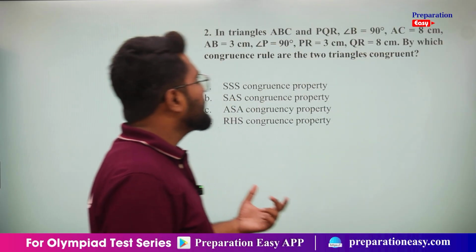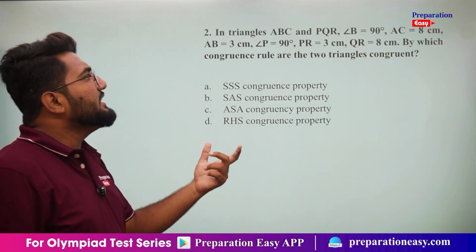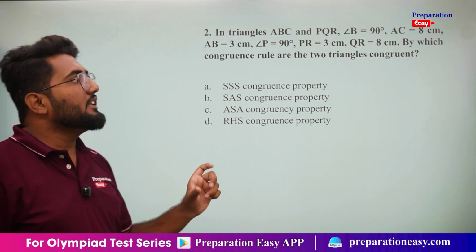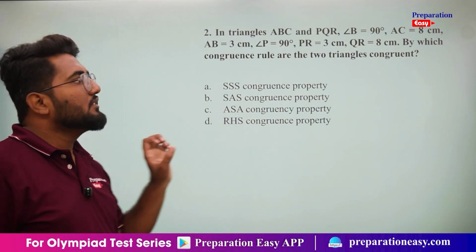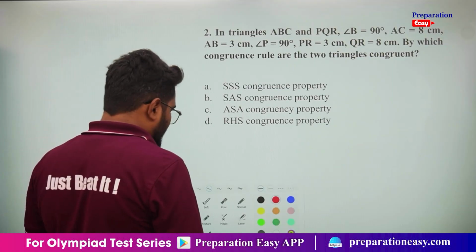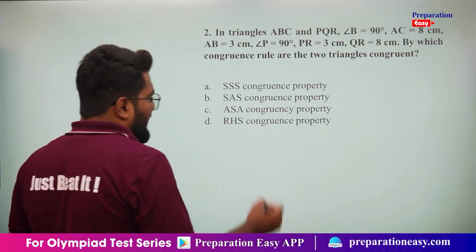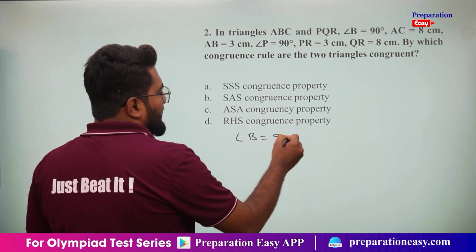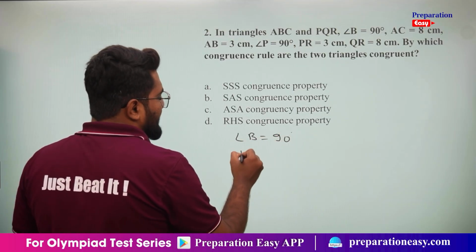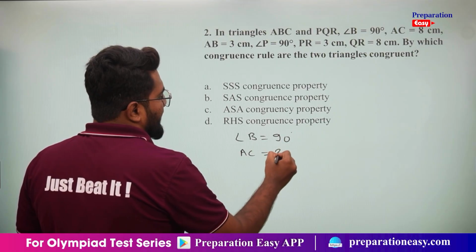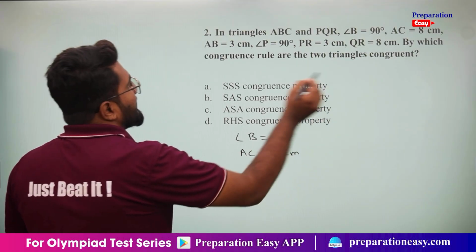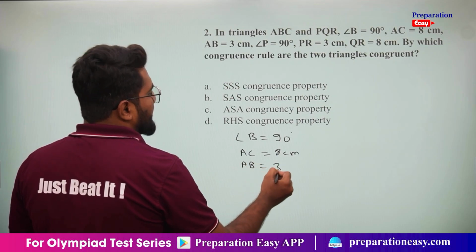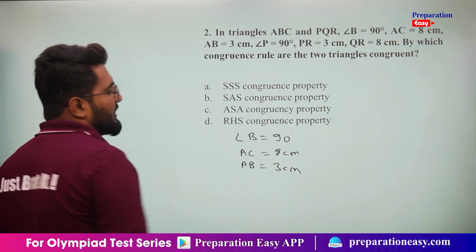Question number 2. In triangles ABC and PQR, angle B is 90 degrees. AC is 8 centimeter, and AB is 3 centimeter. This is for one triangle.